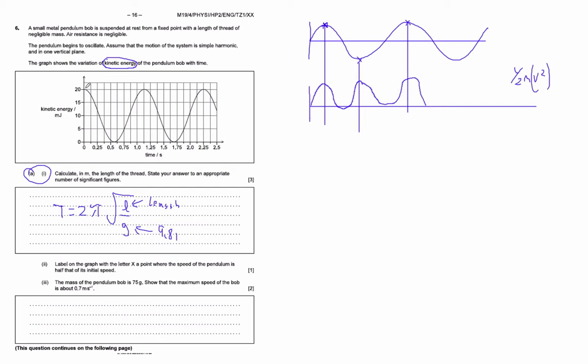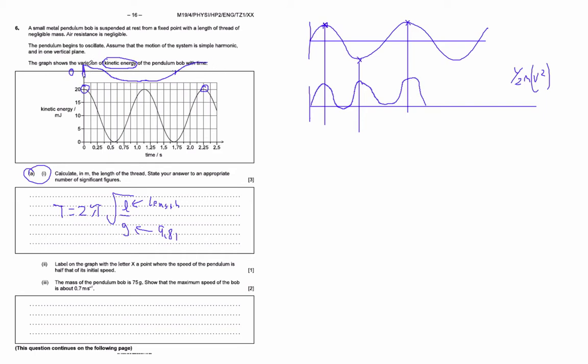Our period, we have to read from here to here, because if I graph the velocity, let's imagine that's zero velocity. This could be positive, then it goes through zero here, then it gets fully negative, then it goes through zero here and positive. So that is one full cycle.